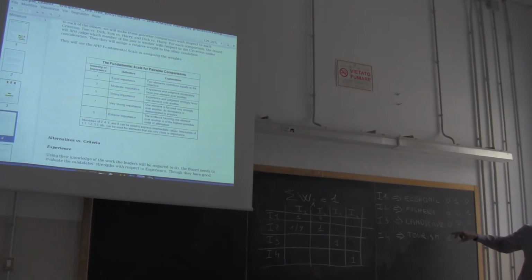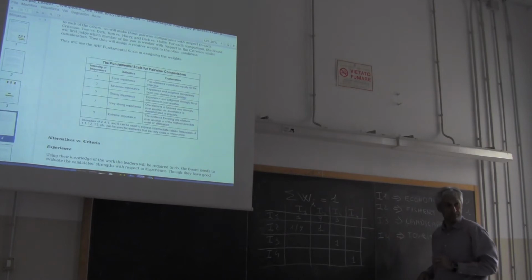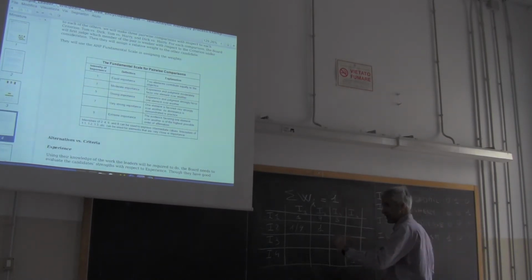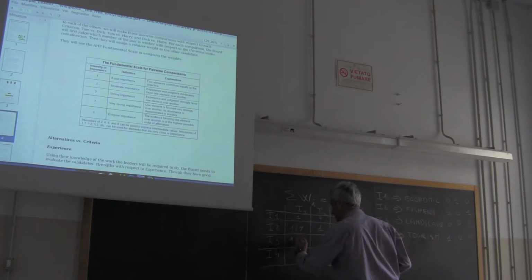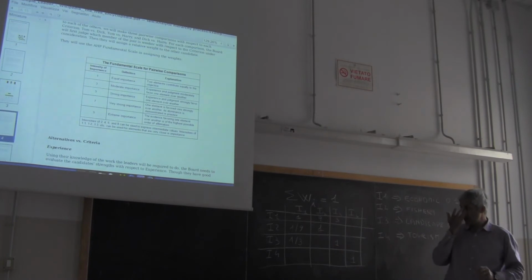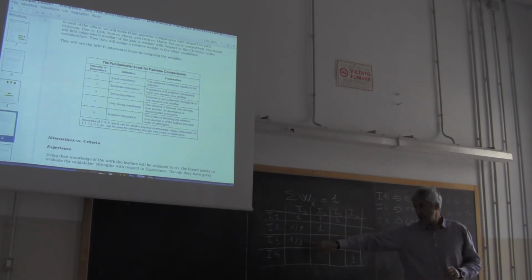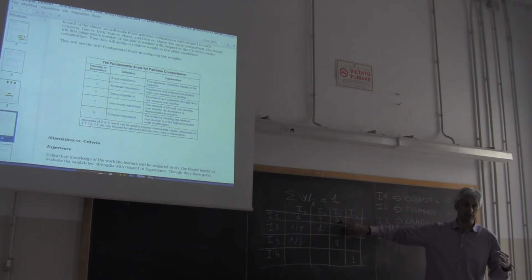And I may say, yeah, it's more important, economic with respect to landscape, but let's take 3. And then it means that here I have to put 1/3. Because the matrix is symmetric in a way that the symmetric position is equal to 1 divided the one that we assigned.